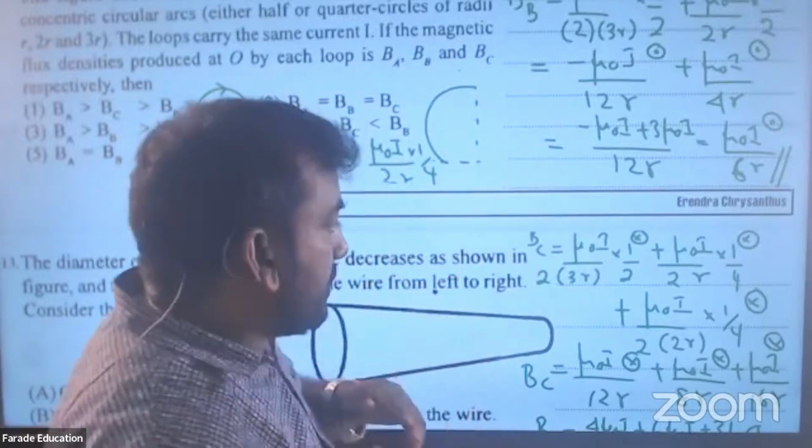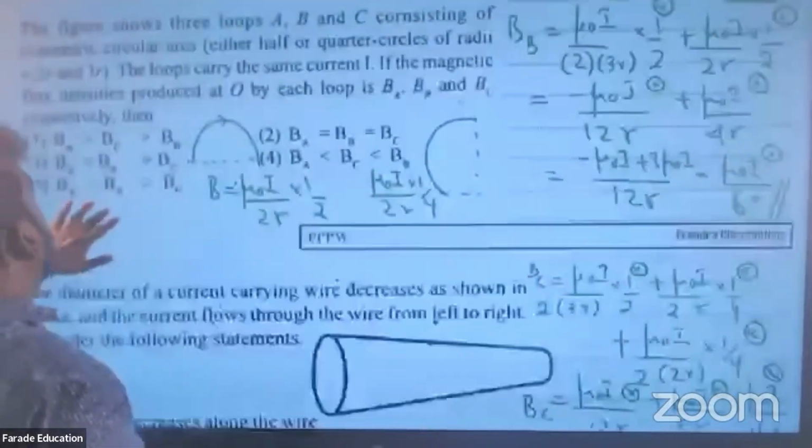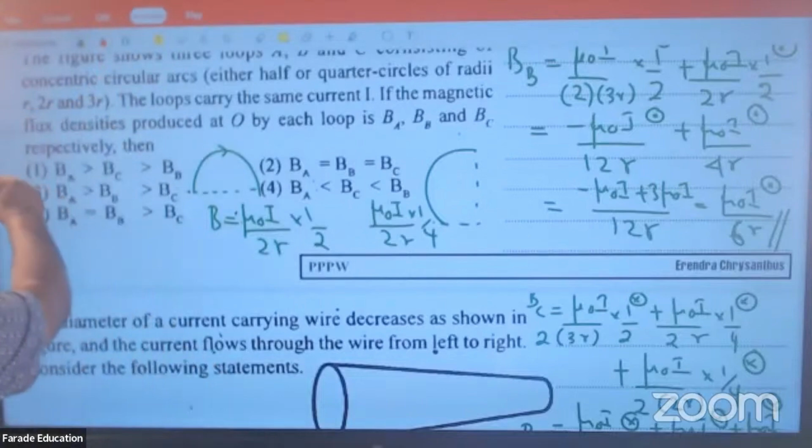So which is bigger? BC is bigger. So what's your relationship? BA is larger, BC is larger, BB is larger. Correct answer is answer number 1.